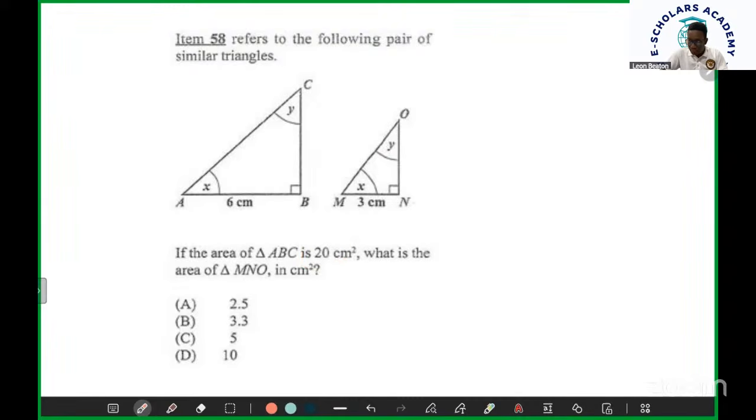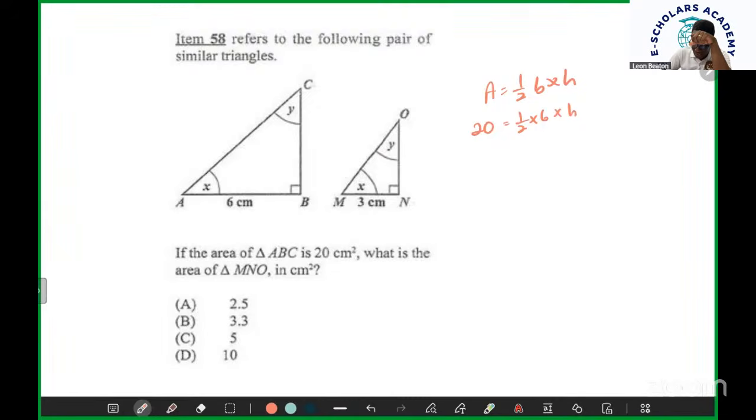So let's see, area is equal to half base times height. They told us the area is 20. So 20 is equal to half times the base, which is 6, times the height.